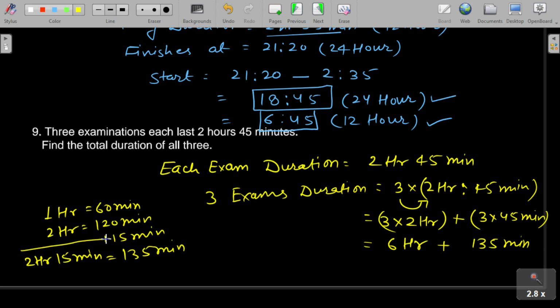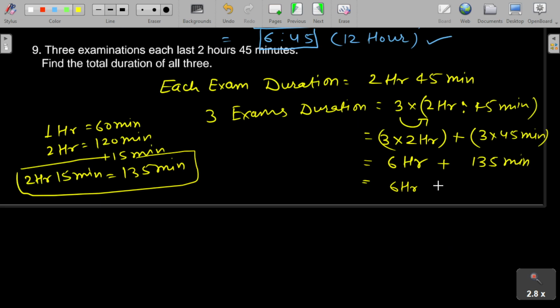Okay, so 6 hours plus 135 minutes is 2 hours plus 15 minutes. So 6 hours plus 2 hours is 8 hours, 8 hours and 15 minutes. This is our total duration.